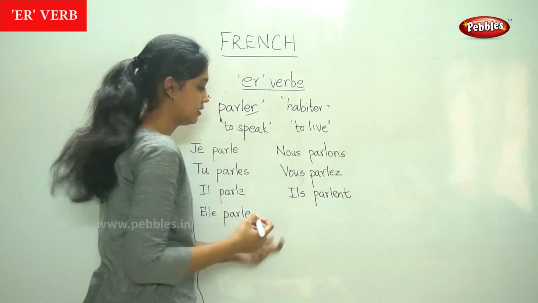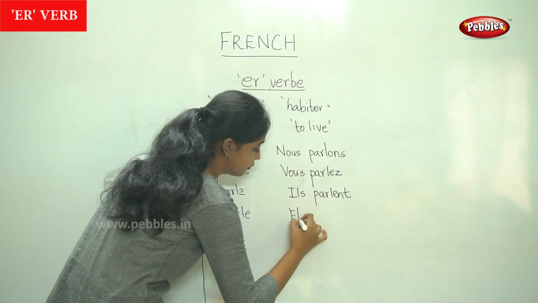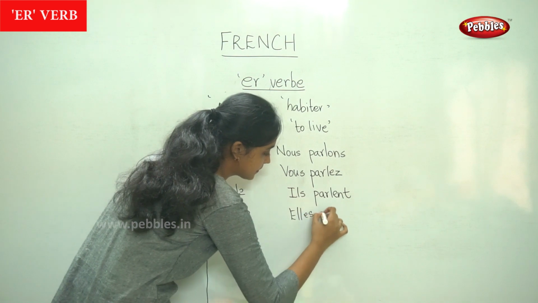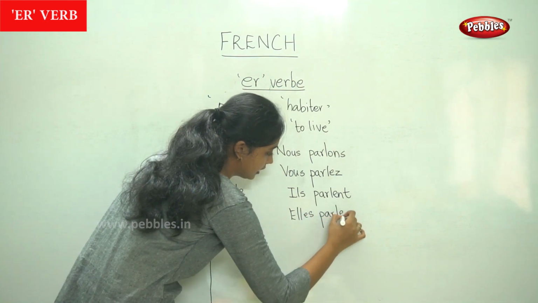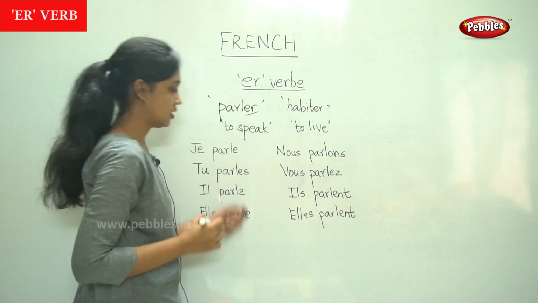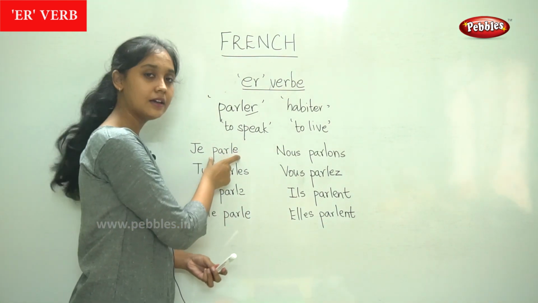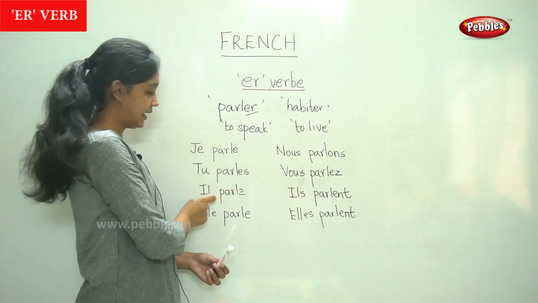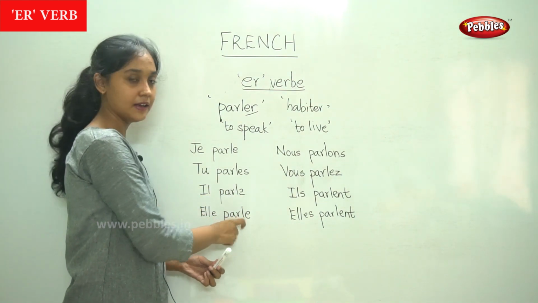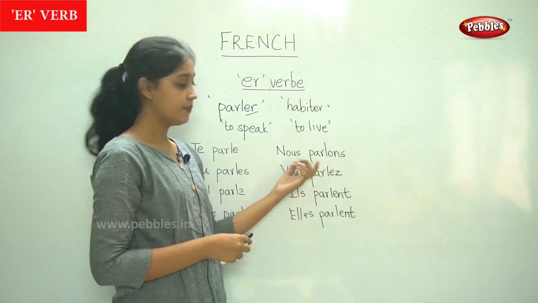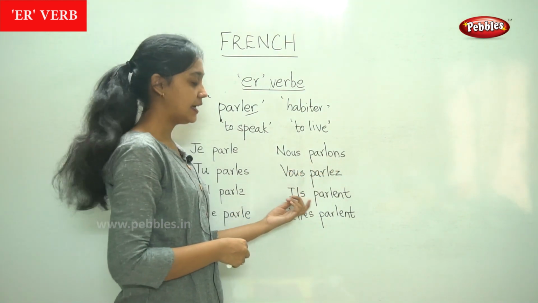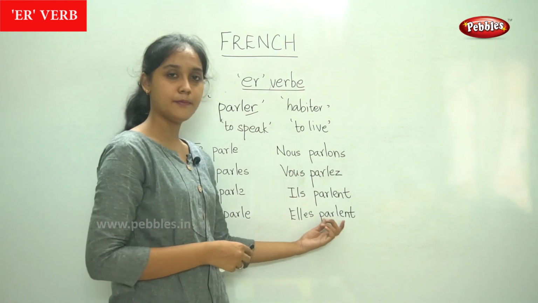Ils parlent. And for elles also it is ENT. So I hope you remember this conjugation. Je parle, tu parles, il parle, elle parle, nous parlons, vous parlez, ils parlent, elles parlent.